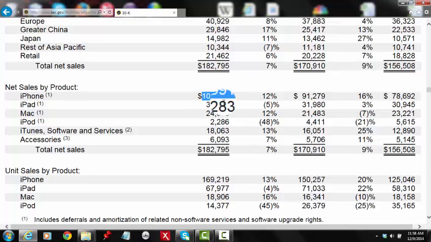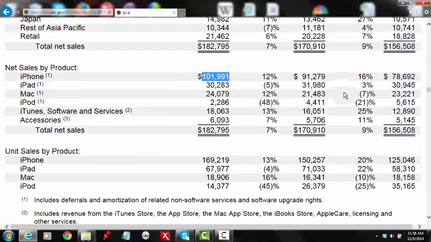Then came the iPad, which actually is reduced from 31.98 to 30.28. Mac has really been doing good, it's increased by 12%, and the iPod is actually in decline now because the product matured, and everyone is buying iPhone, so very few people are buying iPod.